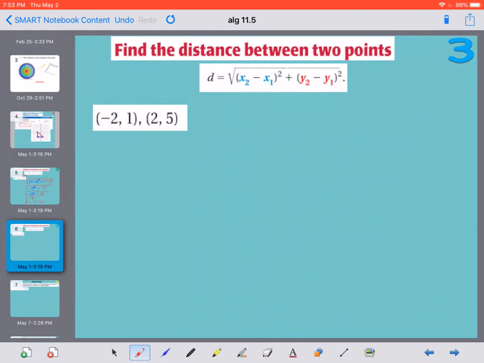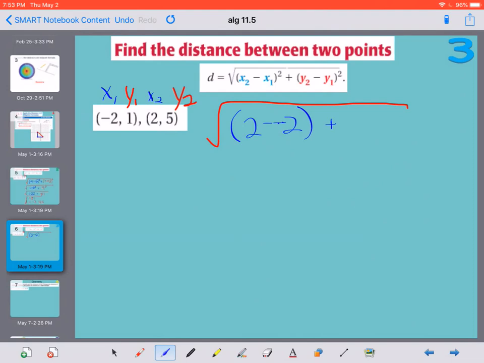Next one, let's start by labeling what we have. We have an x1, an x2, a y1, and a y2. We start our distance formula with our x's. So x2 becomes 2, x1 is minus a negative 2, squared, and don't forget the squared, plus 5 minus 1 squared.